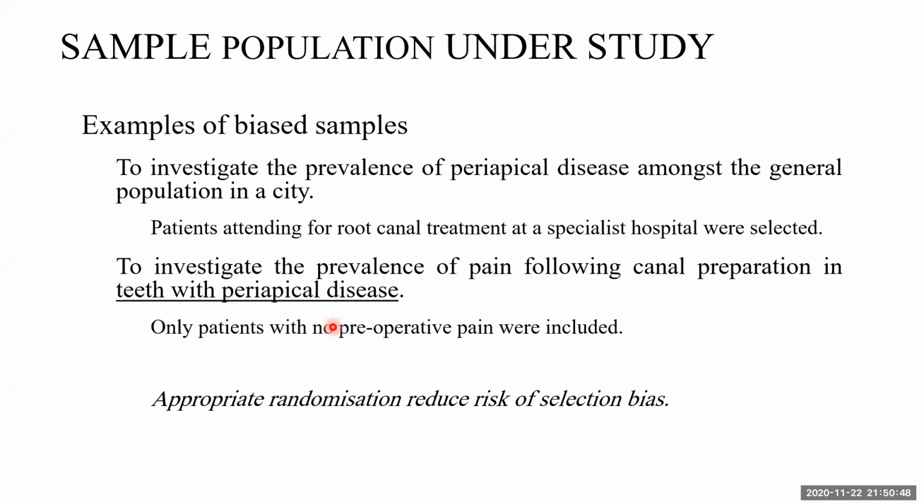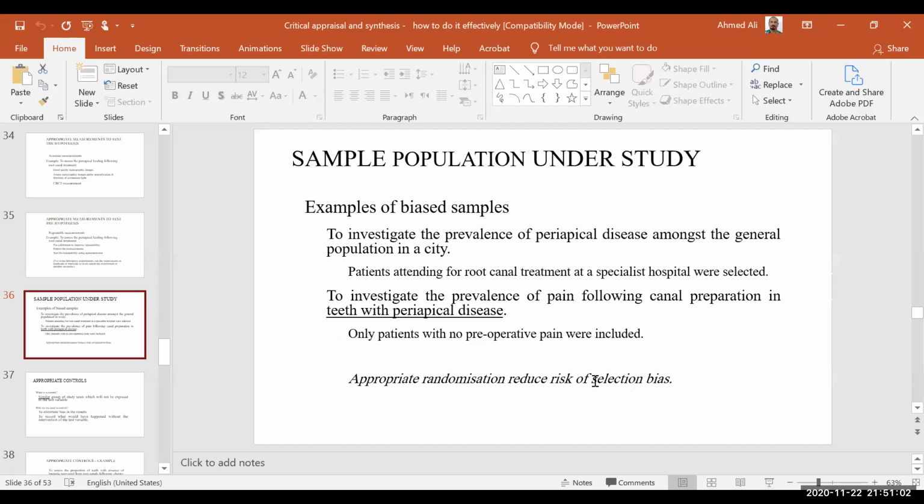So appropriate randomization reduces the risk of selection bias. I will give you an example of how you can do appropriate randomization to reduce the risk of selection bias.